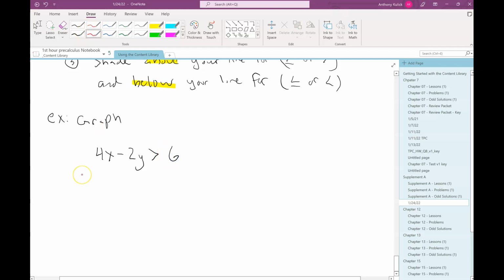I'm going to rearrange this so I can get it into slope-intercept form. So I'll subtract over the 4x. Notice that adding and subtracting from both sides doesn't flip our inequality. And then I'll divide by -2. That, though, does flip our inequality.